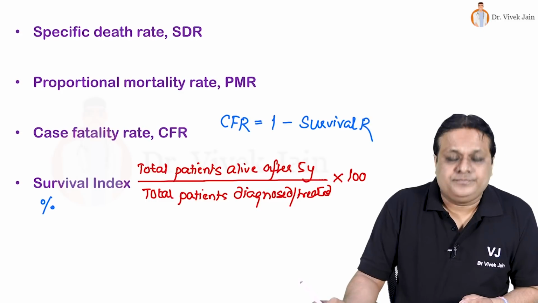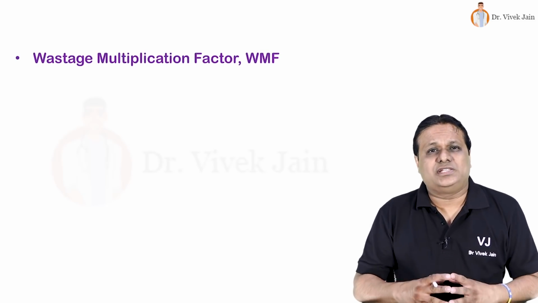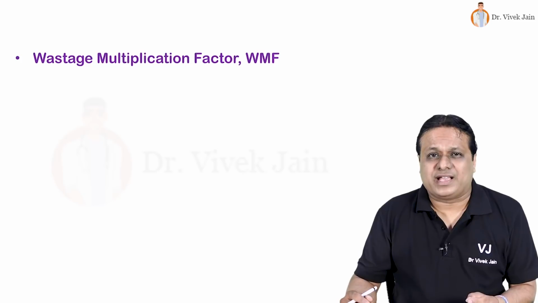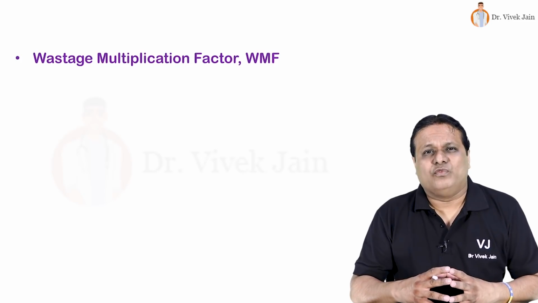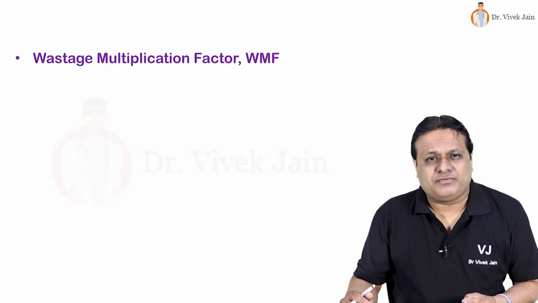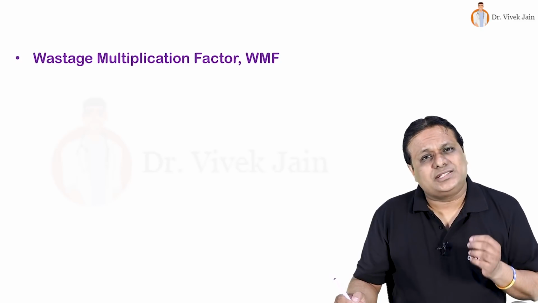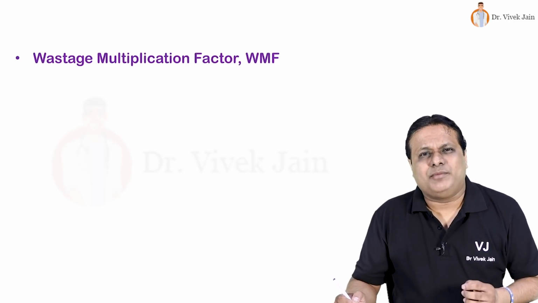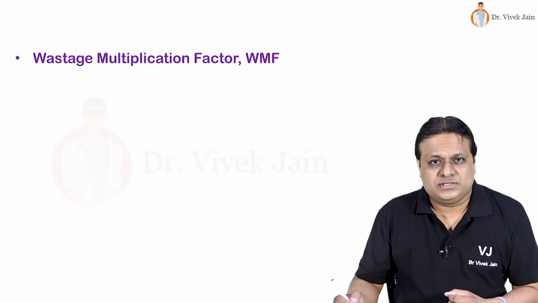Friends, in the topic of immunization and cold chain, one of the topics where many times undergraduate as well as FMG PG aspirants are confused is WMF, that is wastage multiplication factors of vaccines. So which vaccines have what wastage multiplication factor, that you must know. So let's look at that, and we divide them into three different groups.